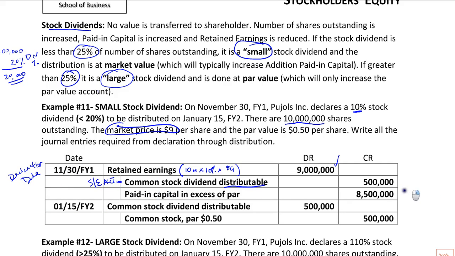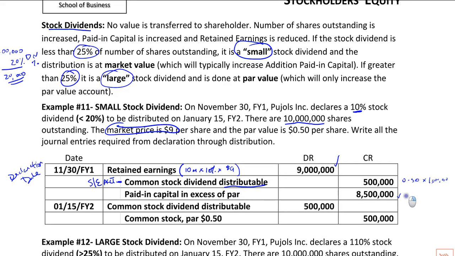It's the par value of 50 cents times the 1 million shares, 10% times 10 million. And paid-in capital in excess of par, or additional paid-in capital, goes in here.